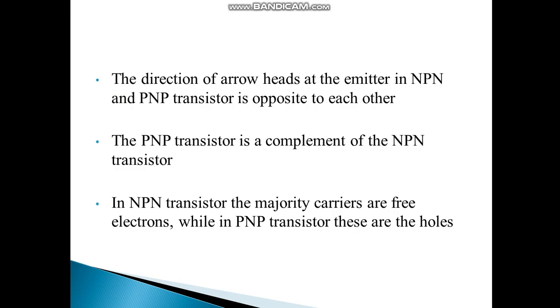The direction of arrowheads at the emitter in NPN and PNP transistors is opposite to each other. The PNP transistor is the complement of the NPN transistor. In an NPN transistor, the majority carriers are the free electrons, while in the PNP transistor, these are the holes.